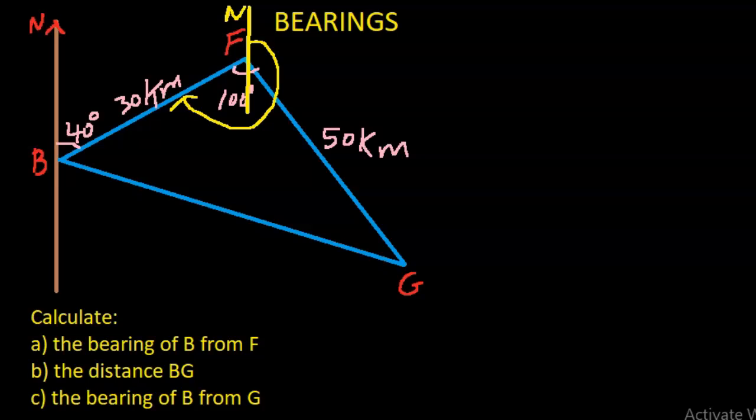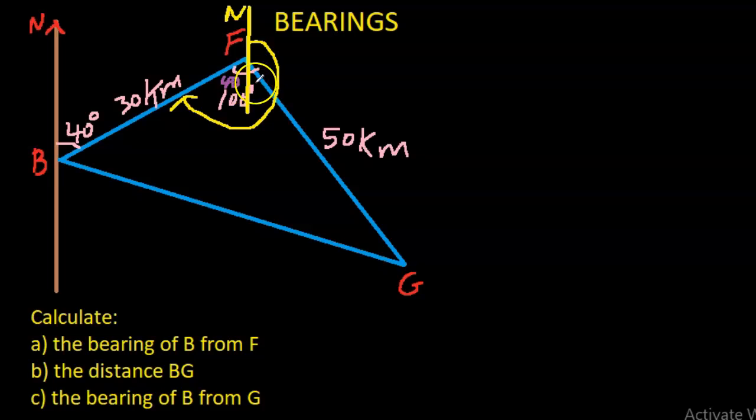Let's look at the angles that we know, or that we are able to find. Now, these two lines are parallel. The two north lines here are parallel. So if this is 40 degrees, then the alternate angle is also 40 degrees.